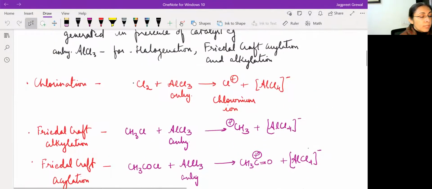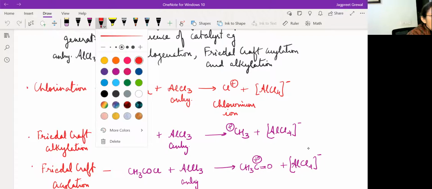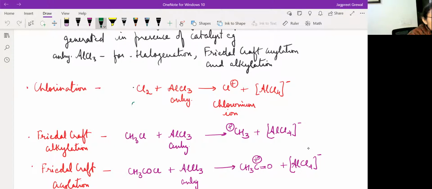Now for the first three reactions, chlorination, bromination, or for Friedel-Crafts reaction, we use anhydrous aluminium chloride as the catalyst, which generates the electrophile. For example, Cl2 when treated with anhydrous AlCl3 will give Cl+ due to the breaking of this Cl-Cl bond. How does it break?